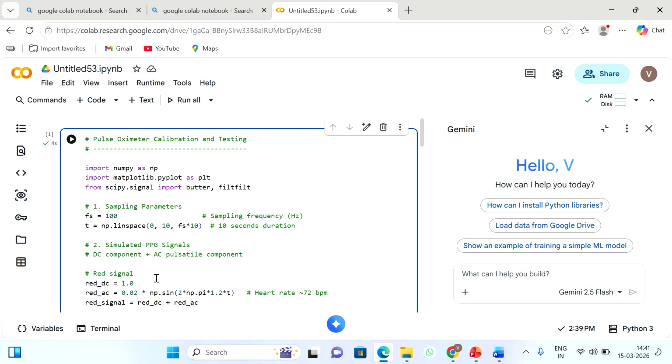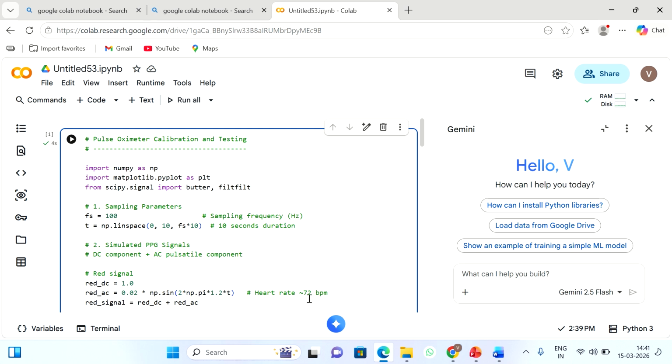The simulated PPG signal will have a DC component, the constant part, that is due to tissue, bone, and non-pulsatile blood. And then the AC component, the pulsatile part, is due to the heartbeat. Then red signal: red_DC is equal to 1.0. Then red_AC signal is equal to 0.02 into np.sin(2 pi 1.2 t).